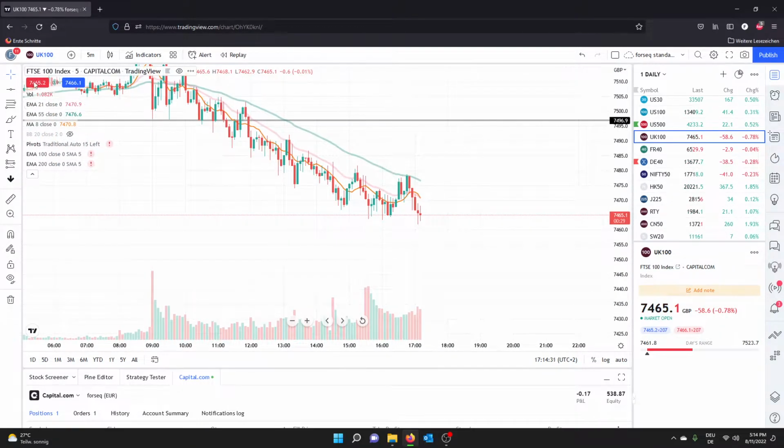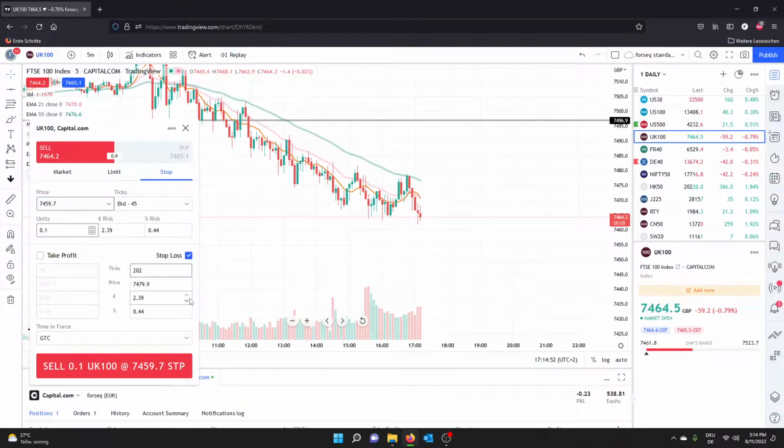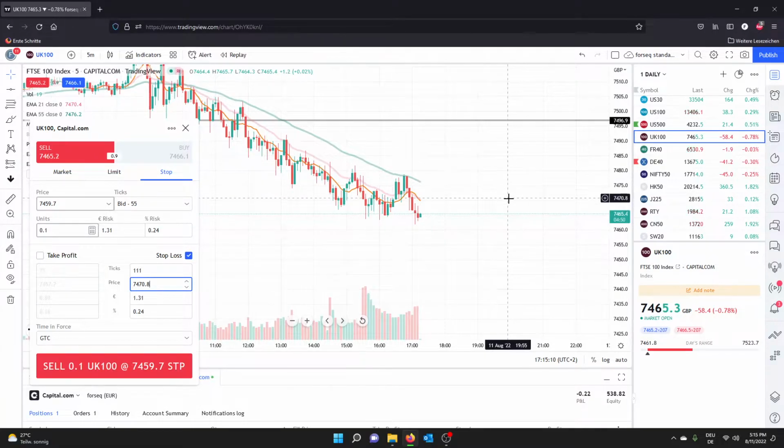What we can do, I show you, we could do a stop trade, and we can tell our broker that if the price comes down maybe here, 7459.7, he should put our stop loss maybe here, 7470.8, 71.5.